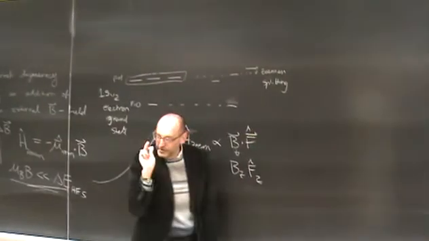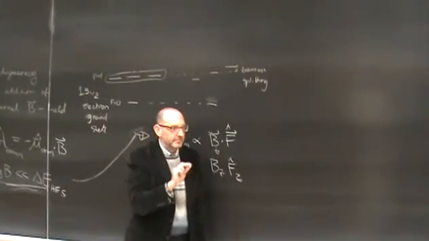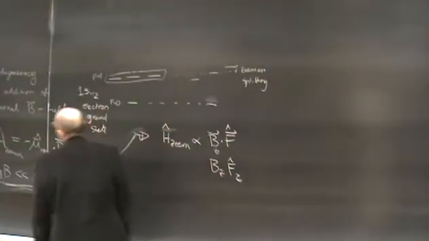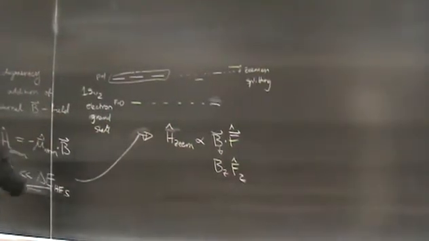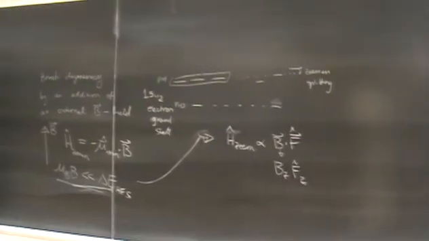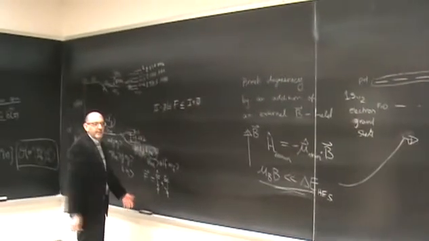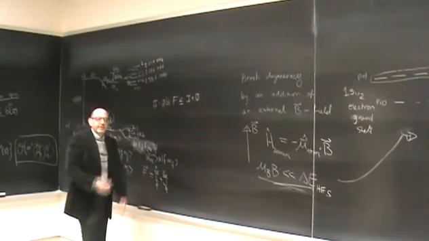And that's your homework, to think about that. But the key point is, once we put on the magnetic field, we split out all the states. And we have all possible states.